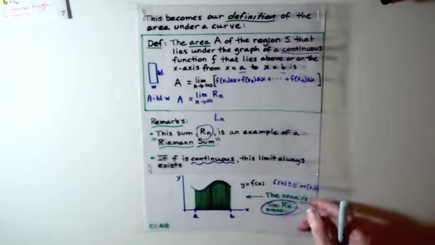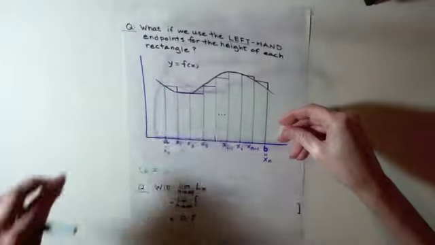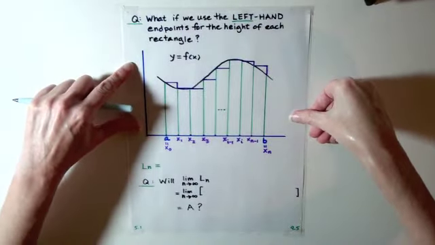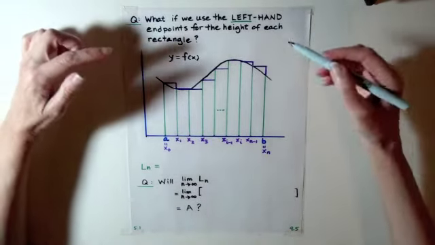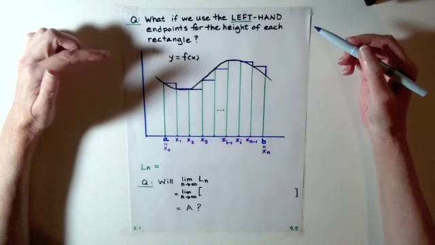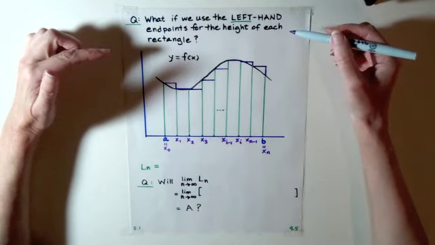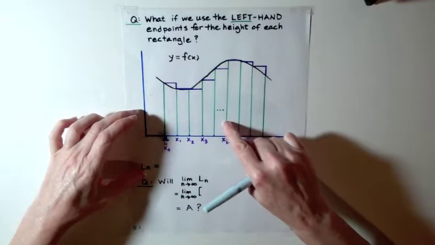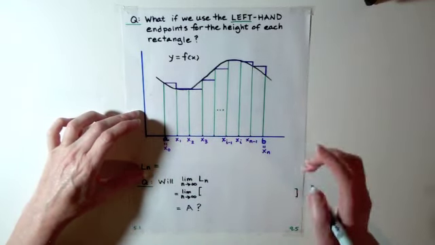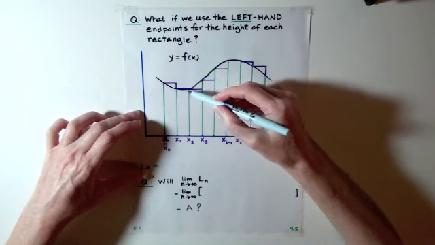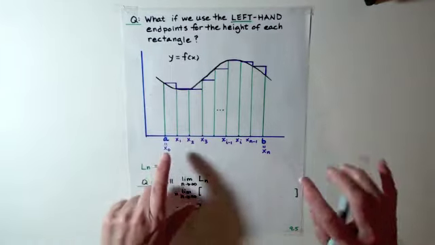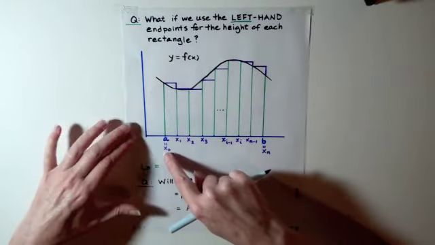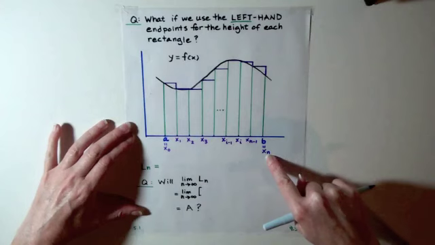Okay, well, let's go ahead and go to the next page and think about our left-hand limits. Let's consider doing what we did with the y equals square root of x function, where instead of using the right-hand endpoints to figure out the height under the curve, we use the left-hand endpoints on each of our strips. The only difference is that we are going to be using y equals f of x, some general unknown function, on the interval from a to b, split into n rectangles.